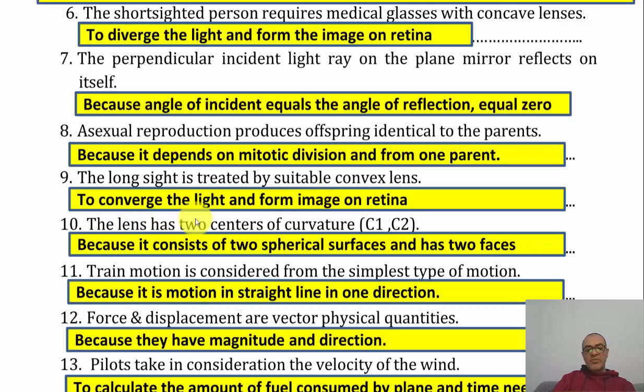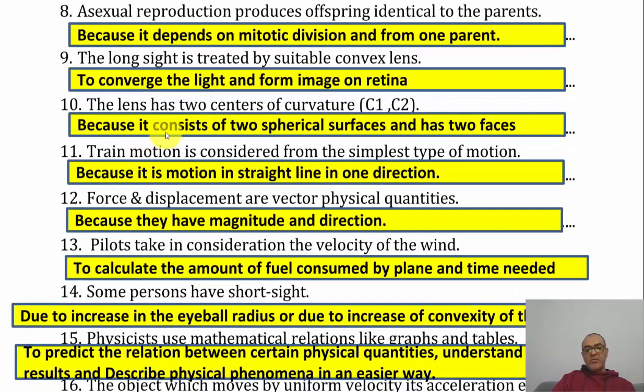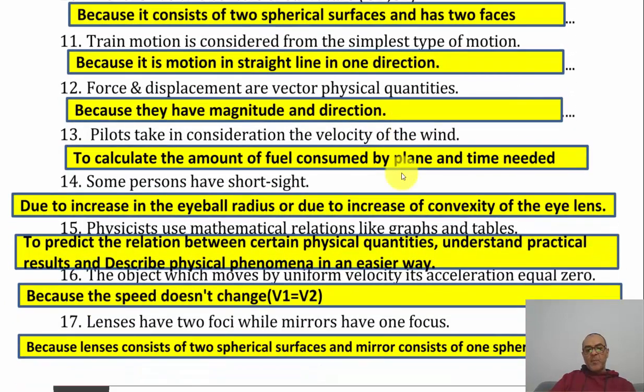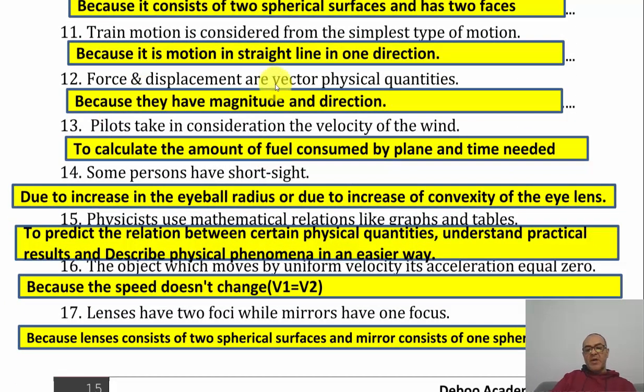The lens has two centers of curvature because it consists of two spherical surfaces and has two faces. Train motion is considered one of the simplest types of motion because it is a straight line in one direction. Force and displacement are vectors.